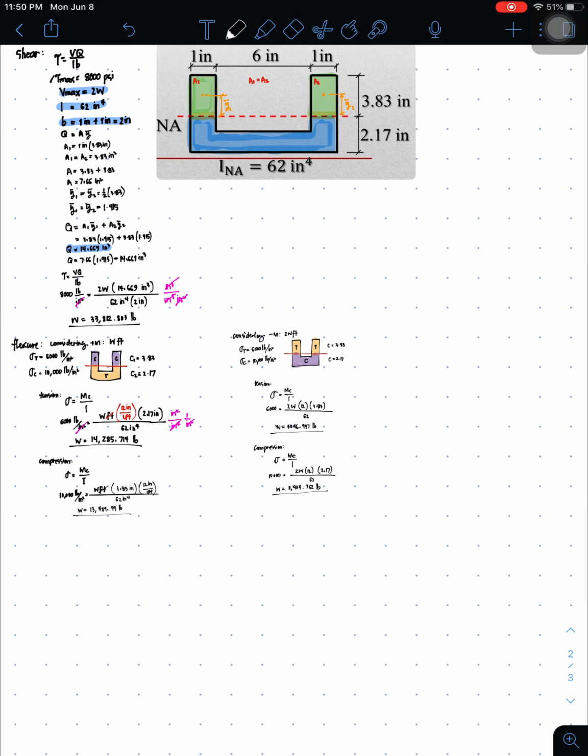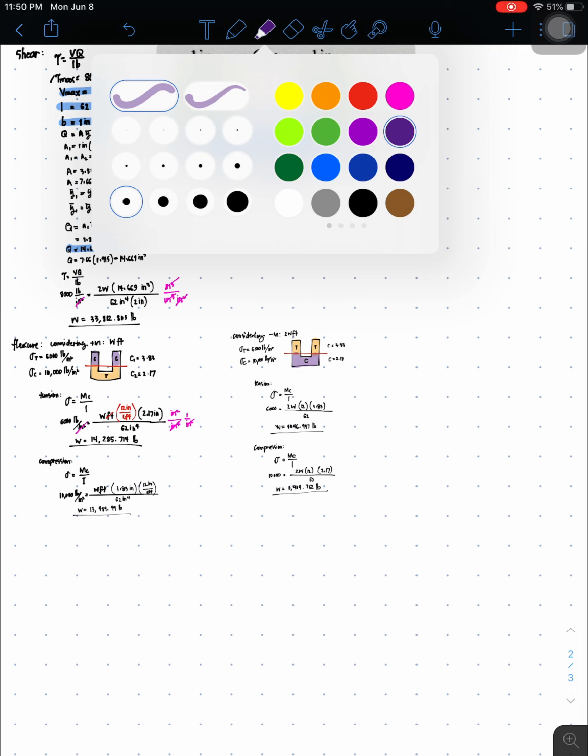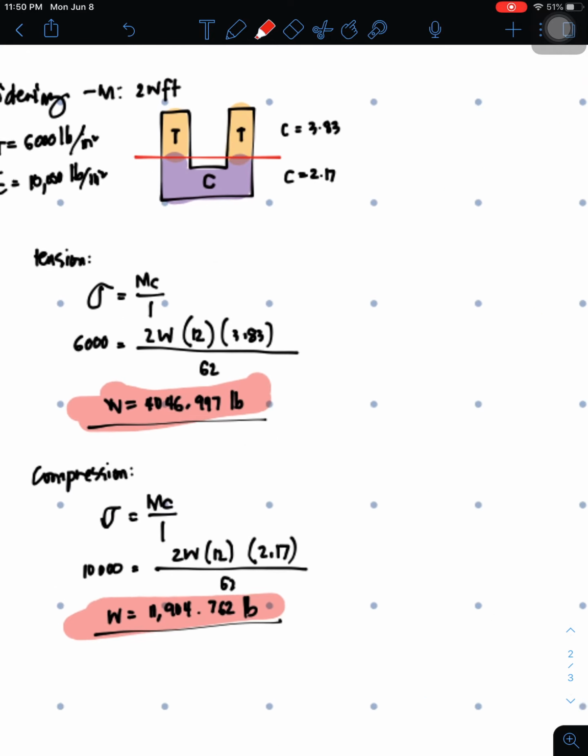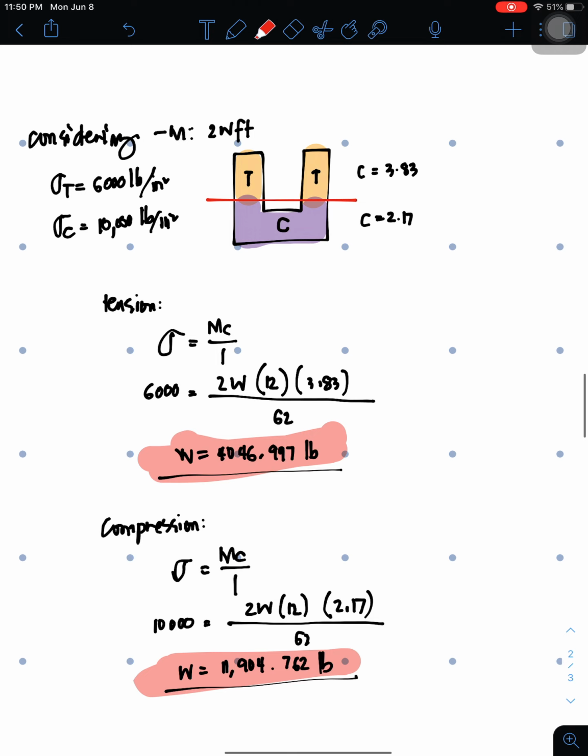Okay, so we now have five different values. This is the first value here, then the second value, the third, the fourth, and the fifth value. Which among them is the least value? Here, this is the least value.